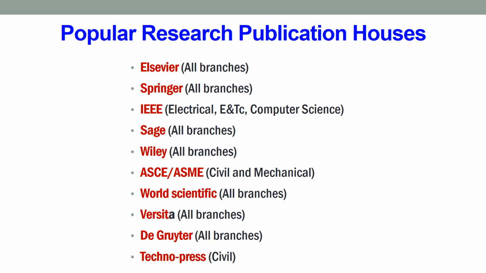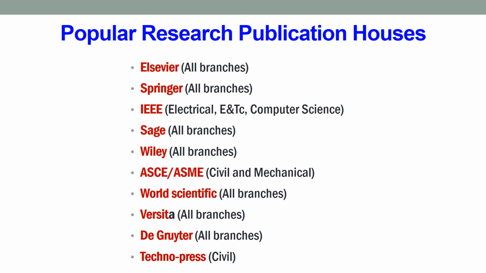Even aerospace engineering related research can also be published in ASCE and ASME. Then there is World Scientific publication, which is also applicable to all branches, all programs in engineering, science and technology. Then there are the Versita publication and De Gruyter publication, which is also for all branches. And finally, there is Technopress publication, which is specially for civil engineering research. So these are a few more popular research publication houses.